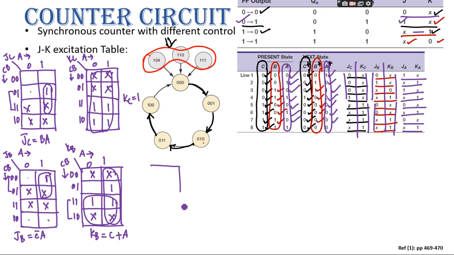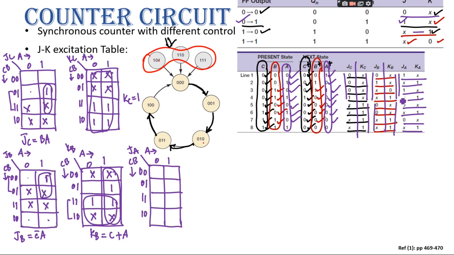Now the last one, it's JA. So if I do the K-map for JA, CB along this direction and A along this direction, 0 1. So 0 0 0 1 1 1 1 0.